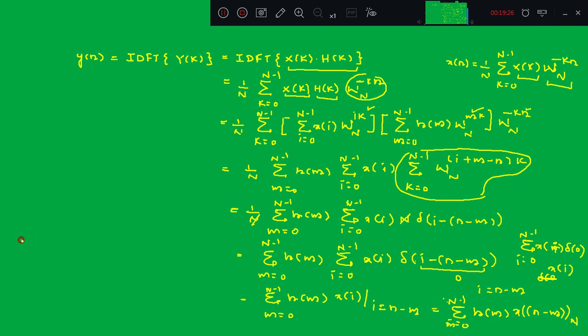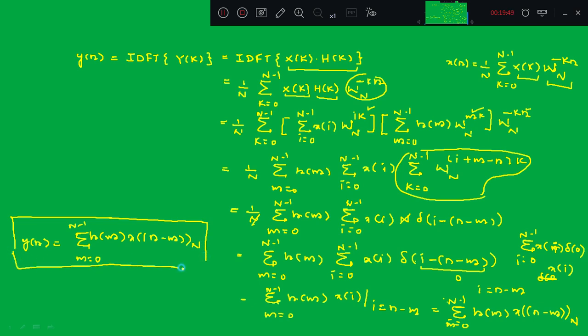Here I will write y of n as LHS, and RHS is summation m equal to 0 to N minus 1, h of m, x of n minus m. So this is the proof we obtained. Similarly, we can write y of n equal to summation m equal to 0 to N minus 1, x of m, h of n minus m.